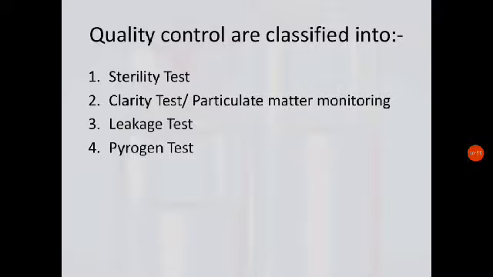So the quality control test can be divided into sterility testing, clarity testing or presence of any particulate matter monitoring, then leakage test and pyrogen test.